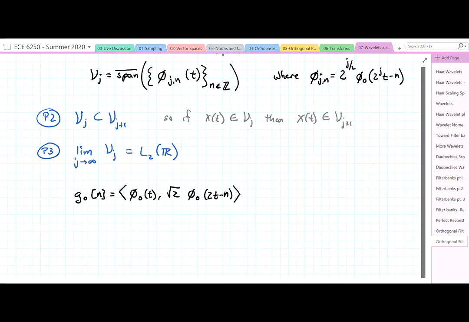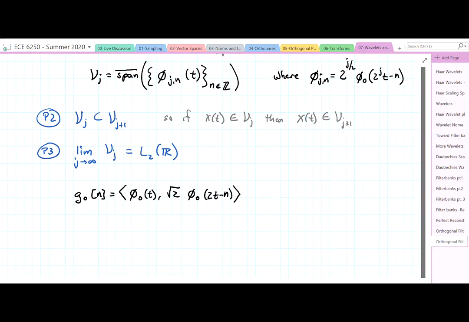So once we've defined that scaling function, its relation to its own self-scaled version will give us the filter G naught. So if our scaling function has finite support, a finite extent, then G naught will be a filter of finite length.